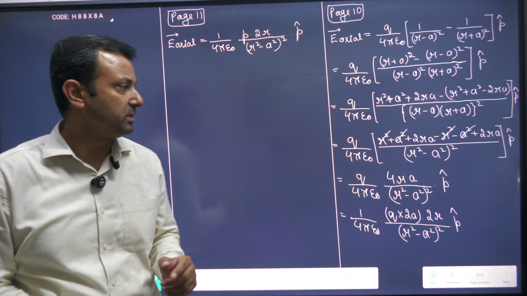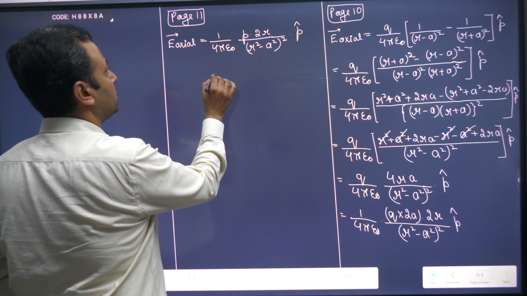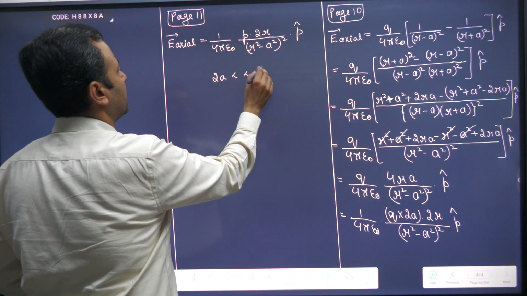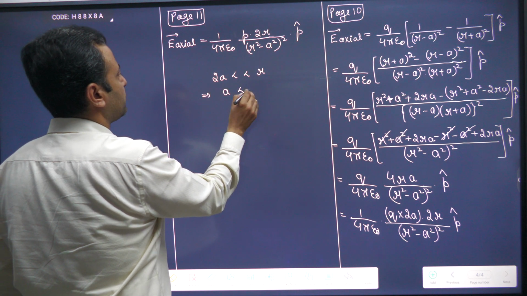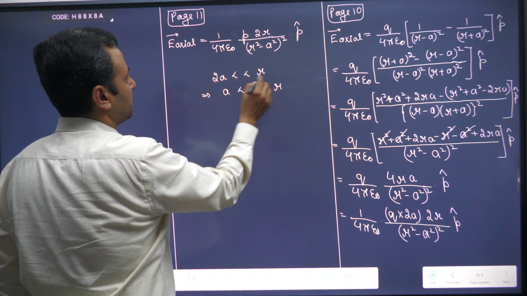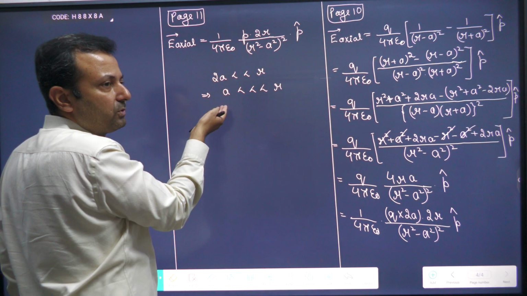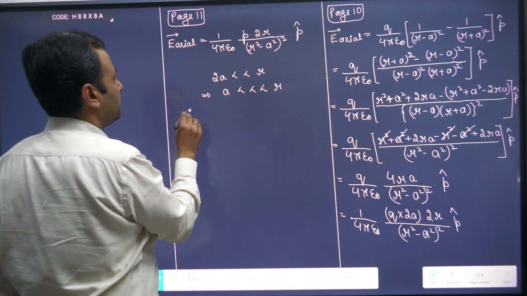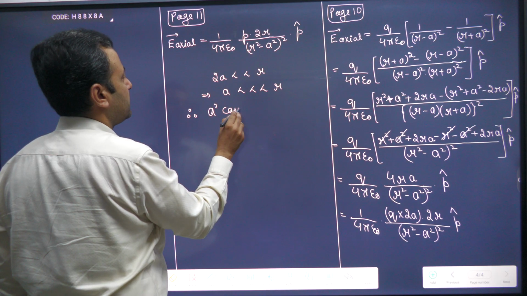Very small distance means 2a is very much less than r. It implies that a is further less than r. A is half of 2a, so a will be further less than r. Therefore, a square can be neglected.